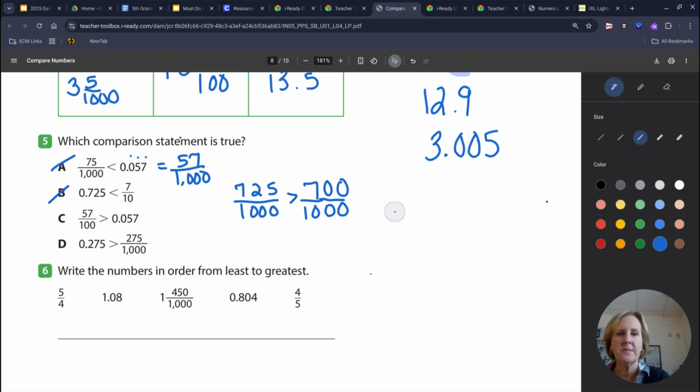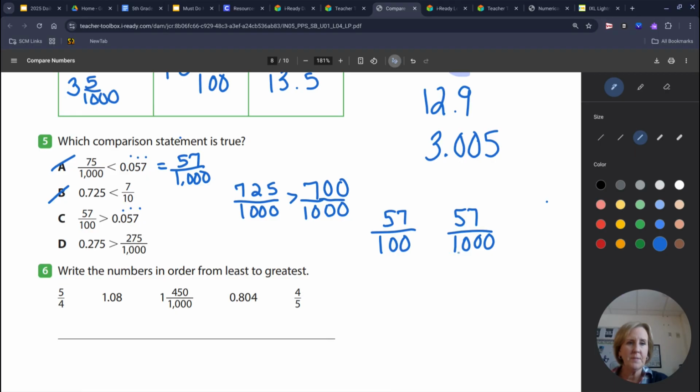57 hundredths is greater than, let's see, 57 tenths, hundredths, thousandths. All right. I'm going to keep my 57 on this side.